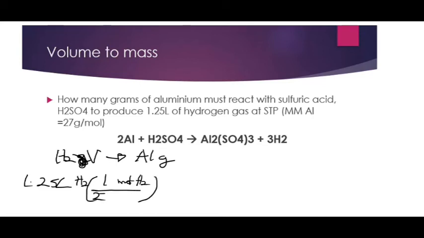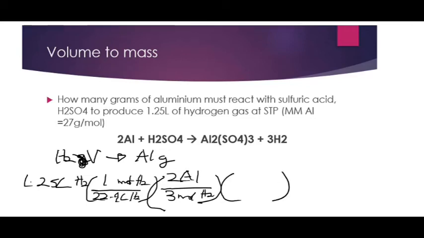So, 22.4 liters per mole of hydrogen, times how many moles of hydrogen? Three, 3 moles of H2. And how many moles of aluminum? 2 aluminum.